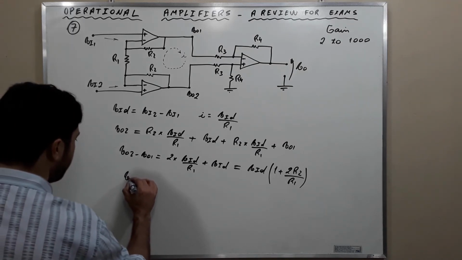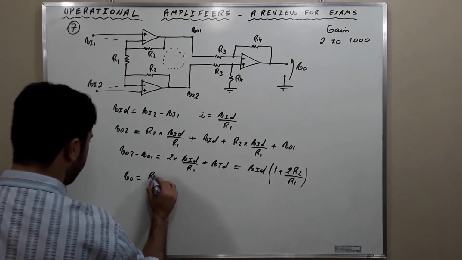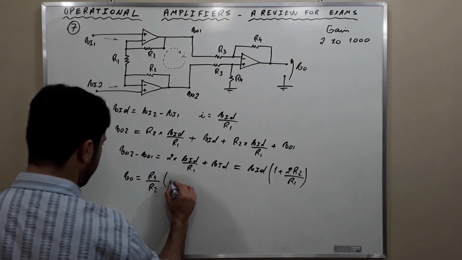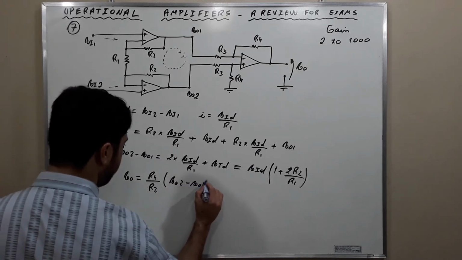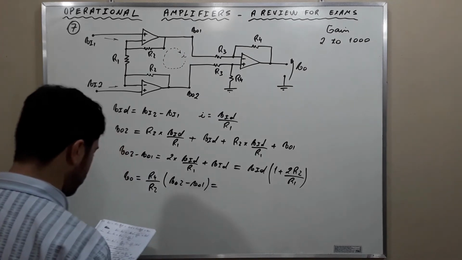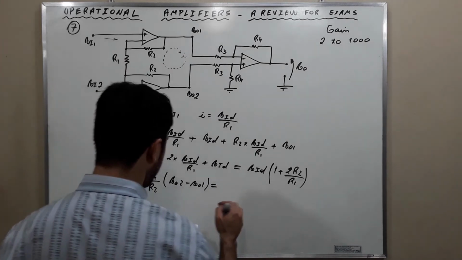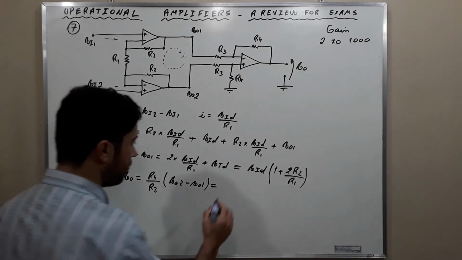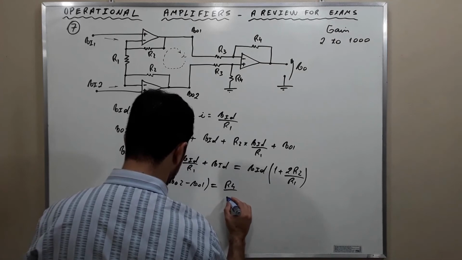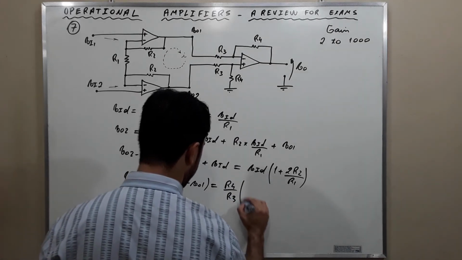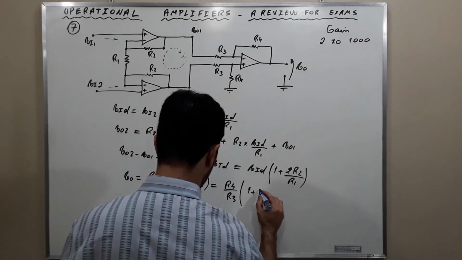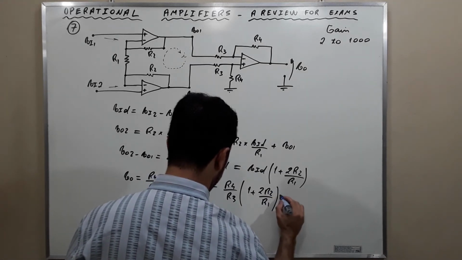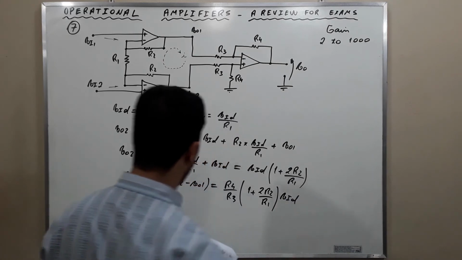Then VO will be equal to R4 over R3 times the difference VO2 minus VO1, which is equal to, we simply put this here, R4 over R3, 1 plus 2R2 divided by R1 times VID. Okay?